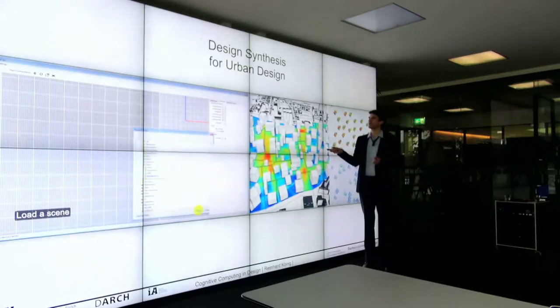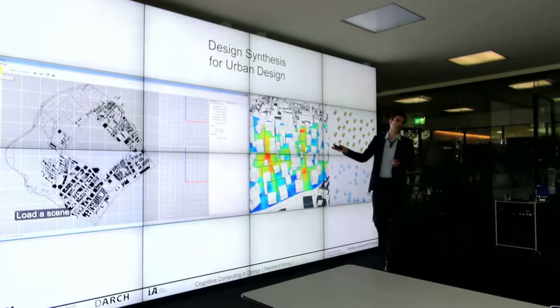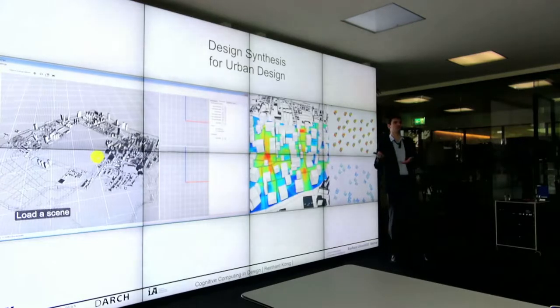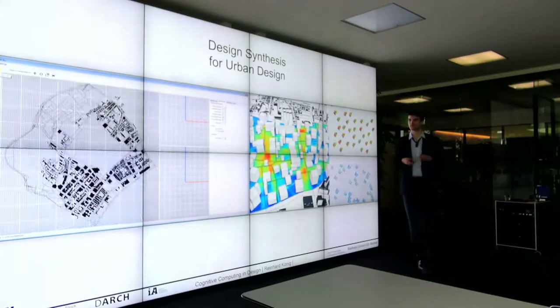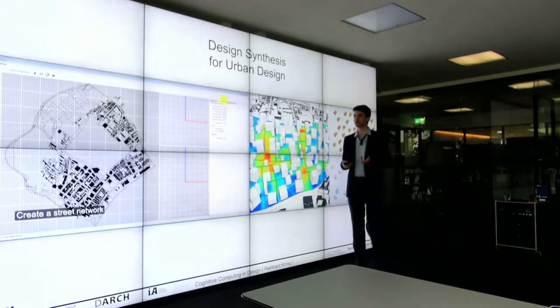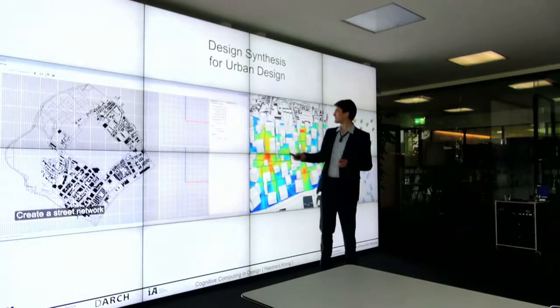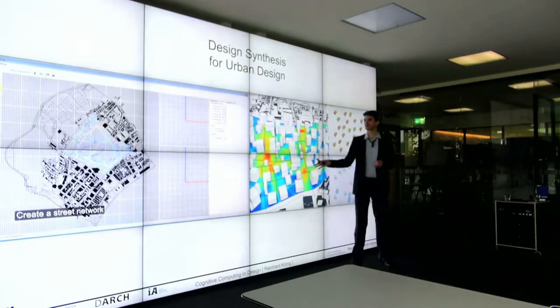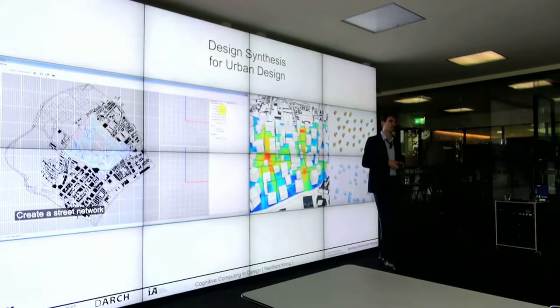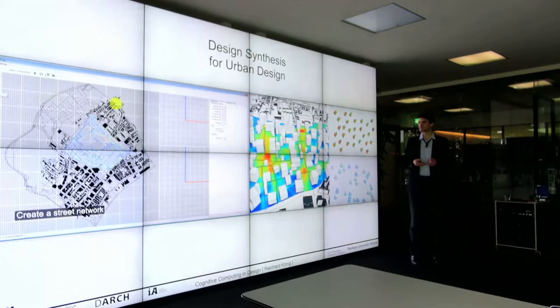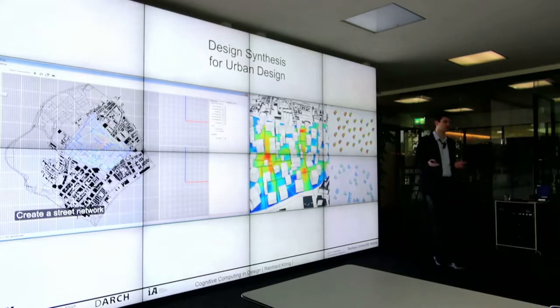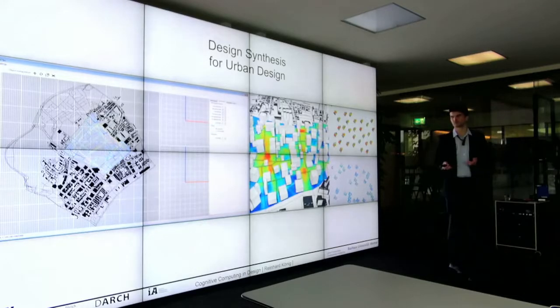That's another example. You have seen floor plans. Now you see how it could be applied to urban planning problems. That's an area in Singapore where we tested the approach to create some urban fabric like this, where you have a street network, and you start with a random setup, and then you tell the computer some requirements for this network, and then the system tries to explore the space of possible solutions together with you.